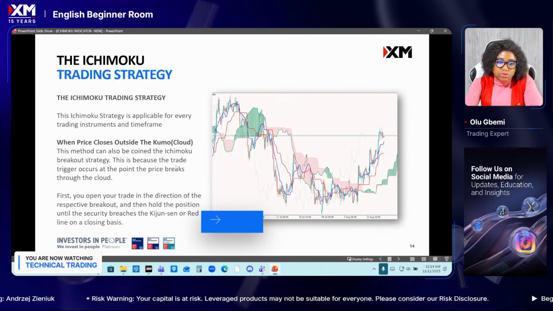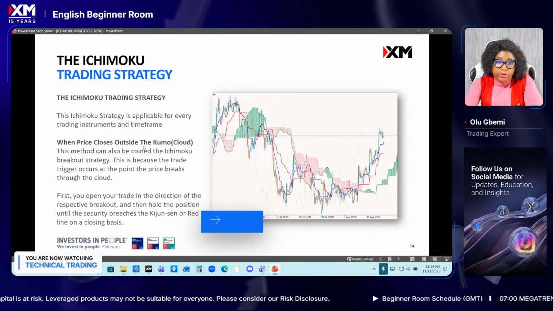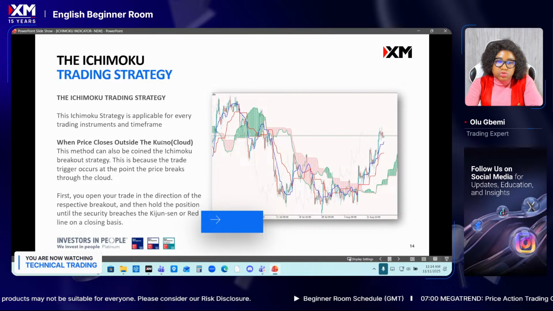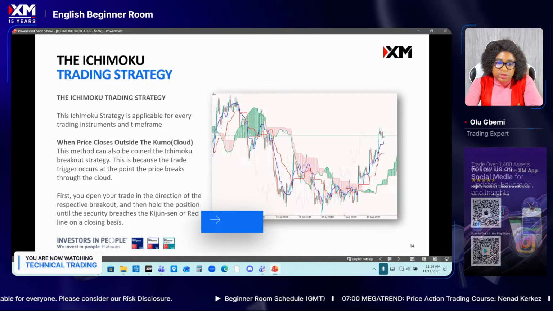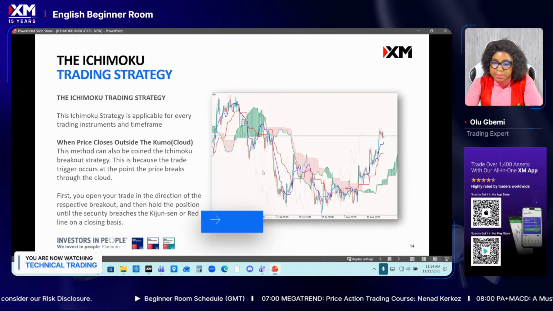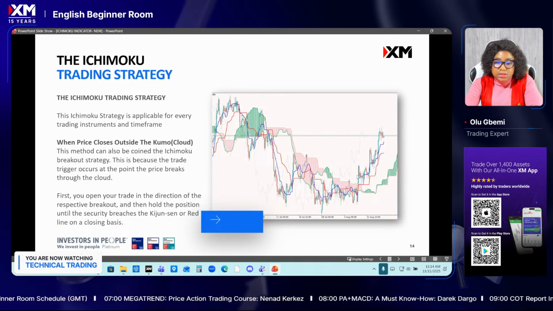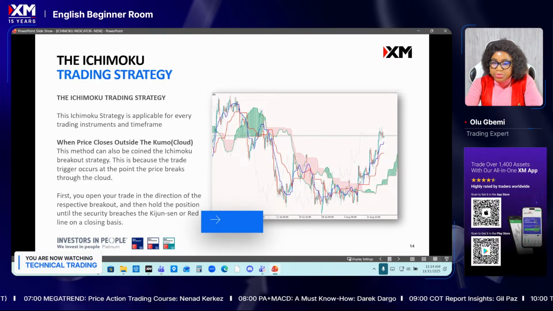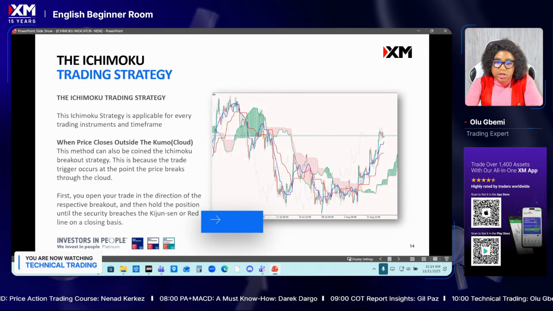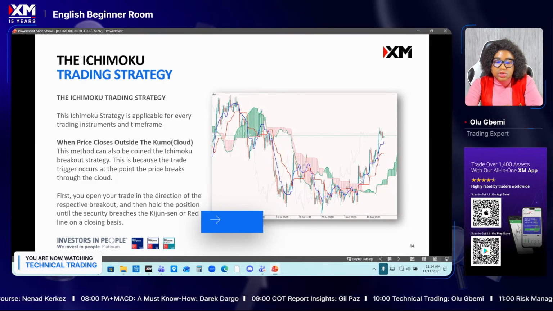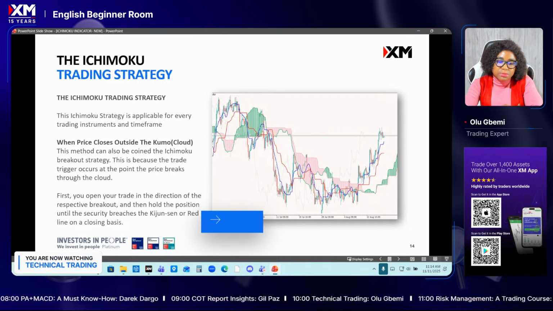So the first thing you want to look out for is when the price closes outside of the Kumo, or the cloud, which is also known as the breakout strategy. So you want the price to break out of the cloud to the upside or to the downside. In the case of this area, the price broke above the cloud. This is because the trade trigger occurs at the point the price breaks through the cloud.